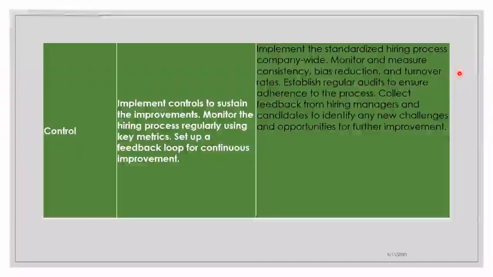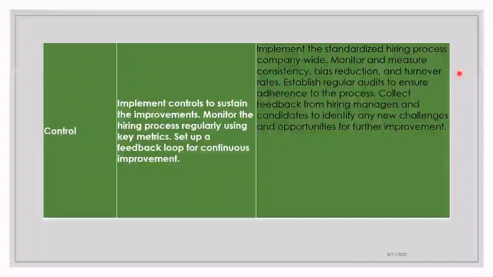This is the fifth step, control. That is the final step of it. Implement the control to sustain the requirement. Monitor the hiring process regularly using key metrics. Set up a feedback loop for continuous improvement.